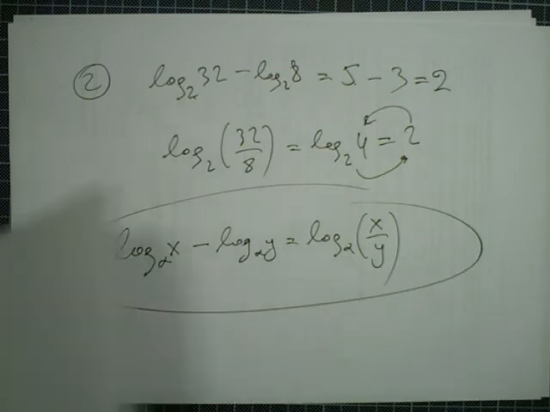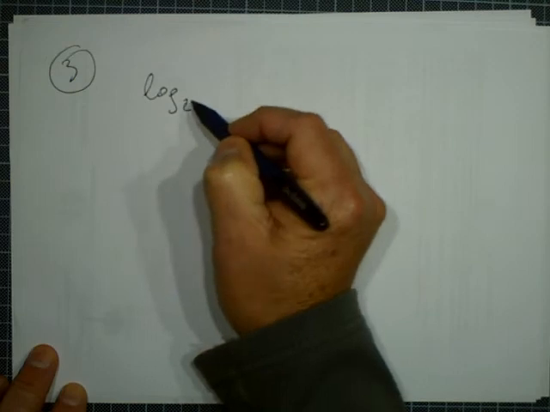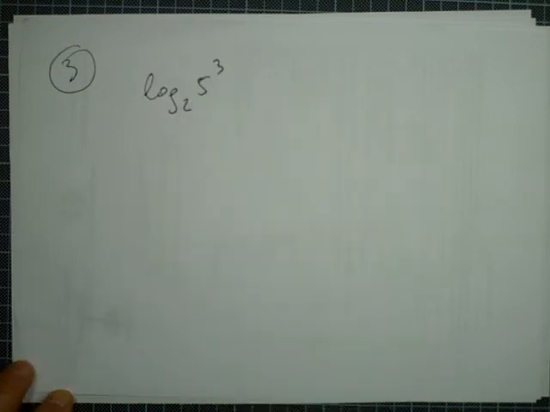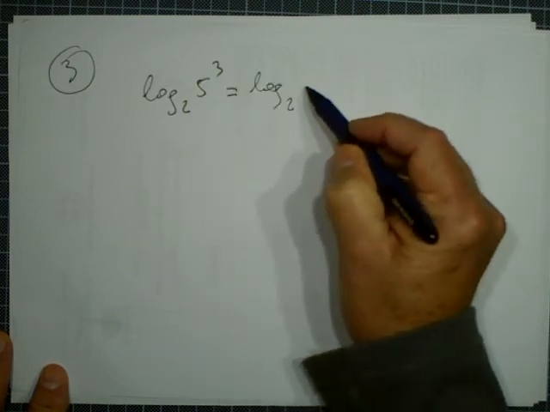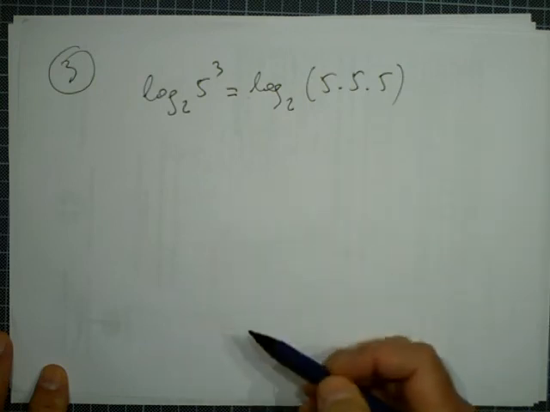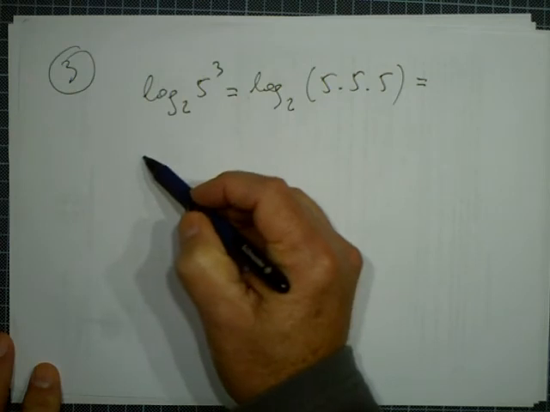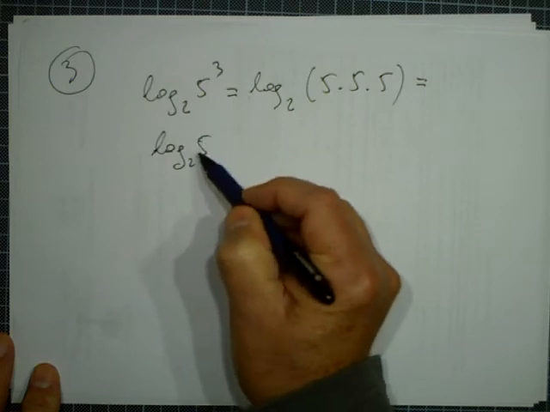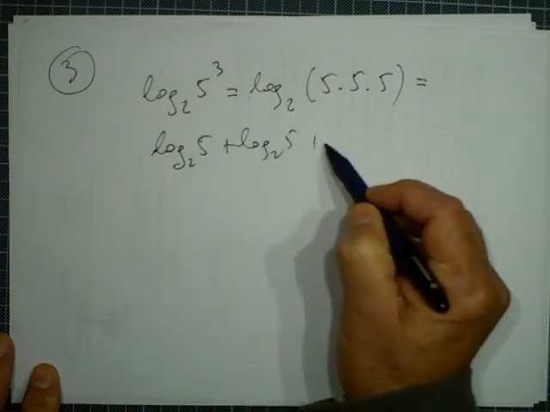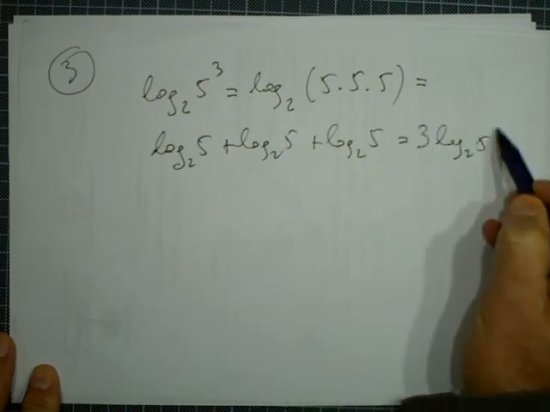Okay, let's go to the power law. The third law is this: try to find log 2 of 5 to the power of 3. This can be written as log 2 of 5 times 5 times 5, which is, according to the previous rule, it becomes log 2 of 5 plus log 2 of 5 plus log 2 of 5, which is 3 times log 2 of 5.